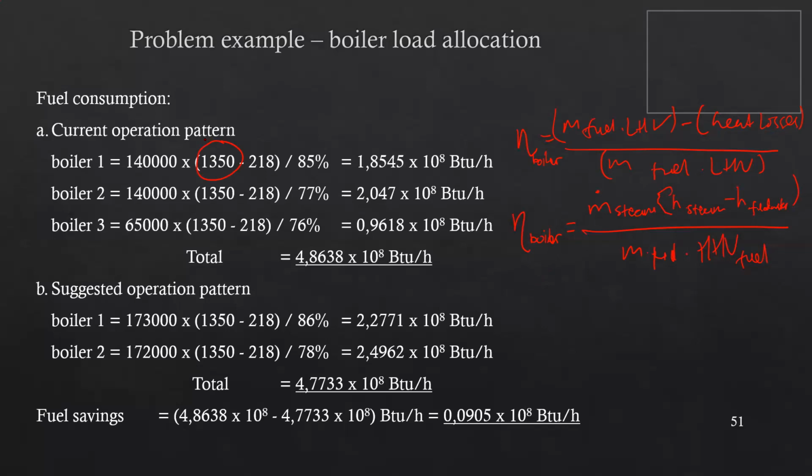I'll write it down here. H, the specific enthalpy of the steam, is 1,350 BTU per pound, and the specific enthalpy of the feed water equals 218 BTU per pound.